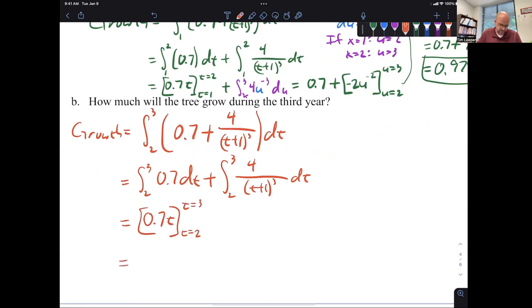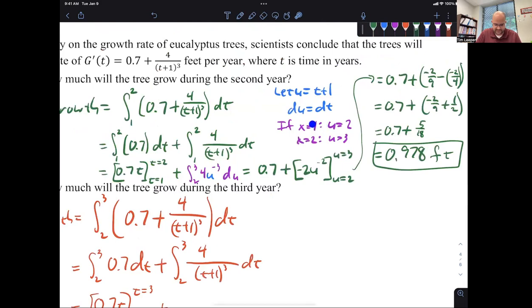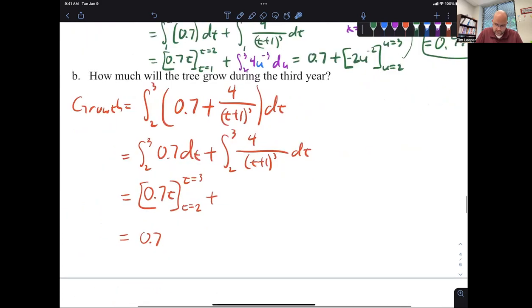Now this, of course, would just give me 0.7 there. But this over here, I'm going to use the same substitution, except this time t will be 2 and 3. So 2 plus 1 is 3, 3 plus 1 is 4. So this would become the integral from 3 to 4 of 4 u to the negative 3 du.